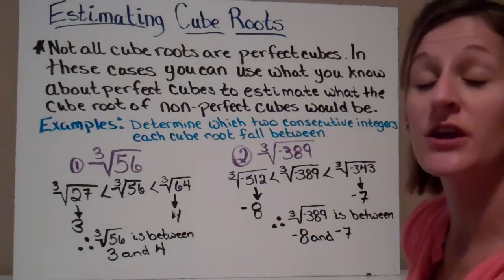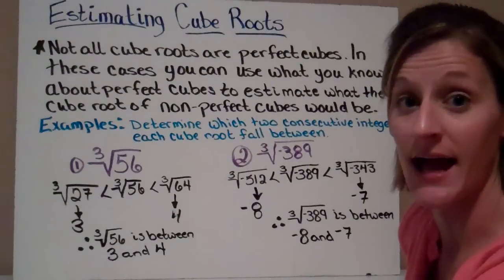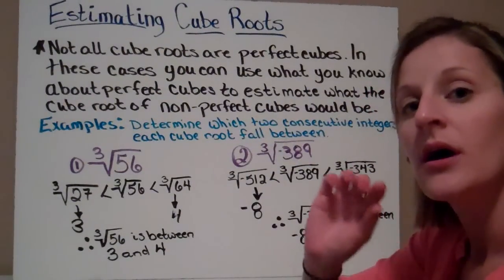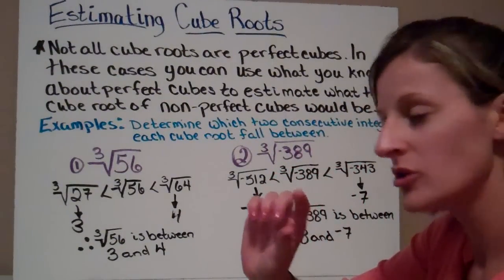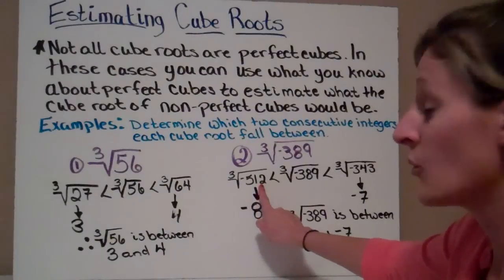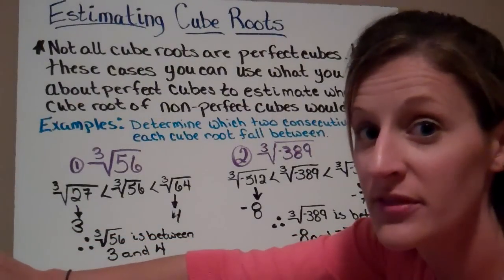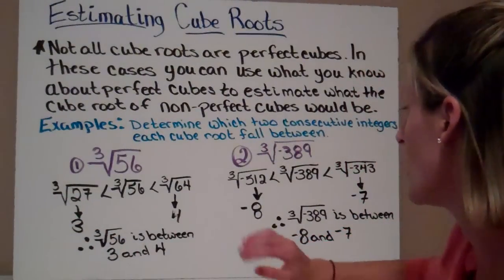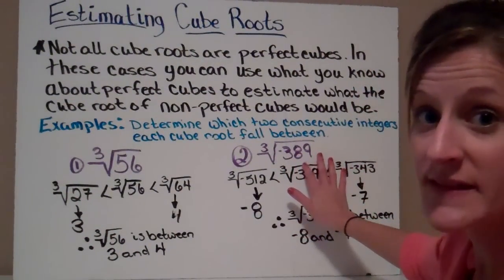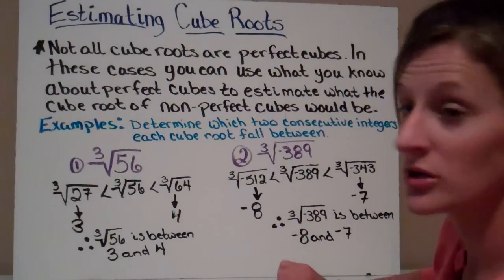Now with this one, the cube root of negative 389, I need to find a perfect cube that's a little smaller, so that's going to be negative 512. And remember, when you're going negative, it's going away from the 0 on the number line. So I need something smaller than this, and that number would be smaller.